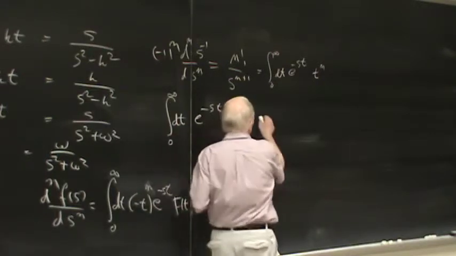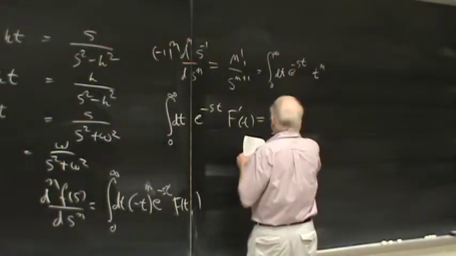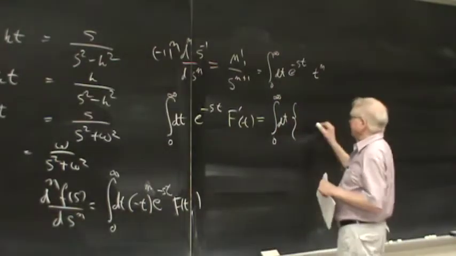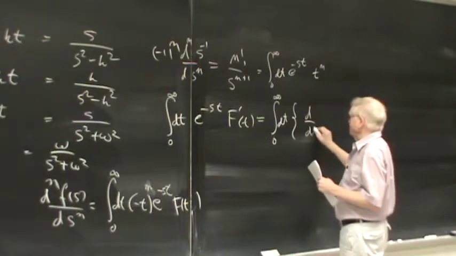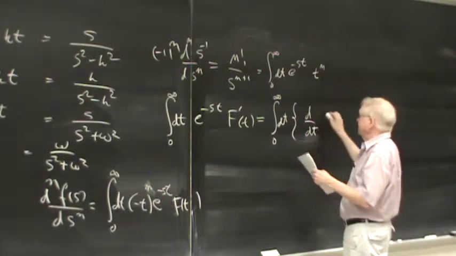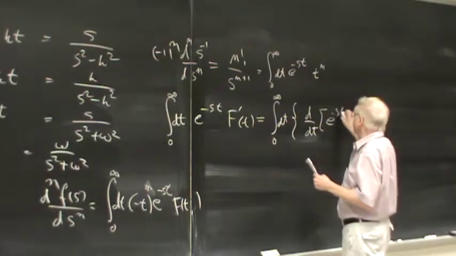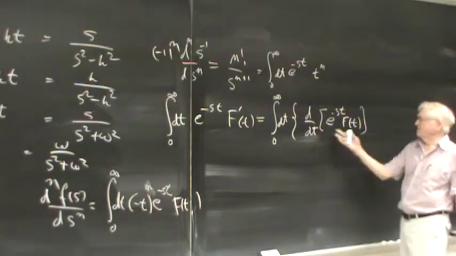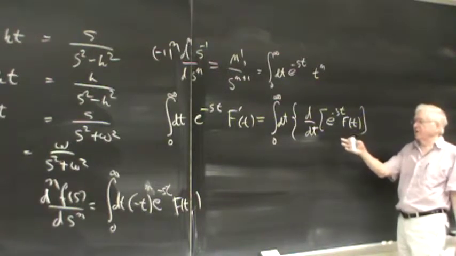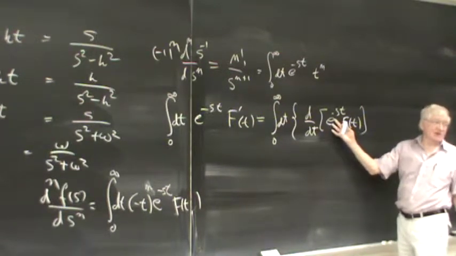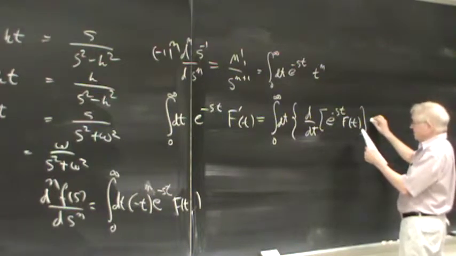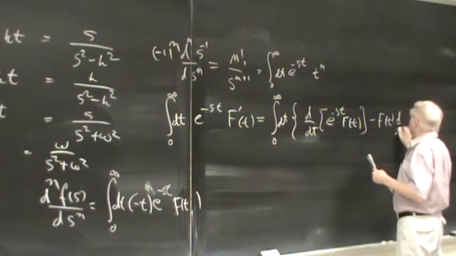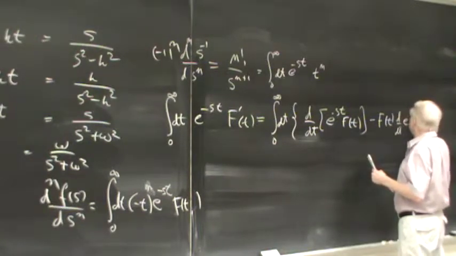And what we do is we just integrate by parts, 0 to infinity dt, and if we do that from first principles, then we rewrite this as d by dt of e to the minus st f of t. So when the d by dt hits f, we get the thing we want. When it hits this, we get something we need to cancel. So we cancel by writing minus f of t d by dt of e to the minus st.